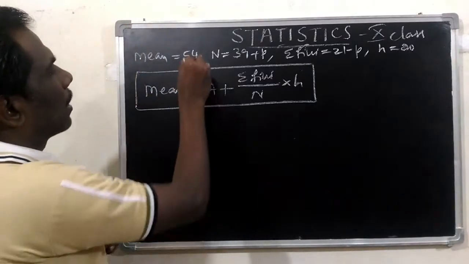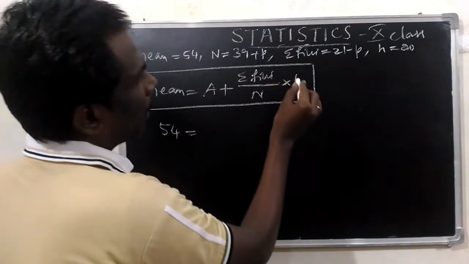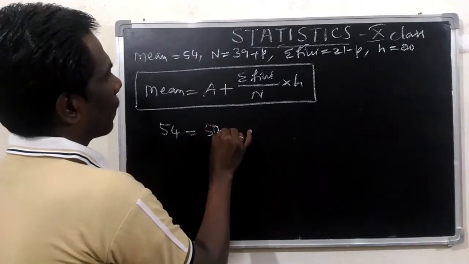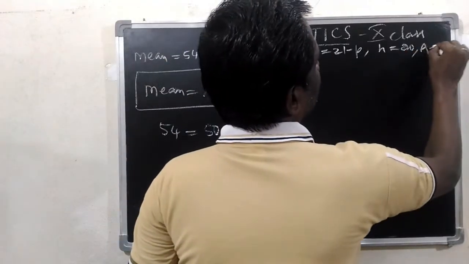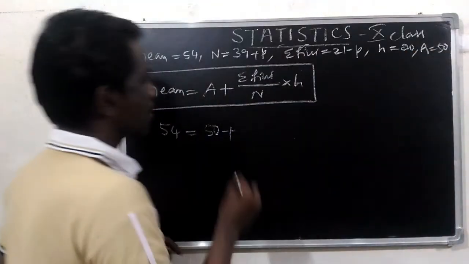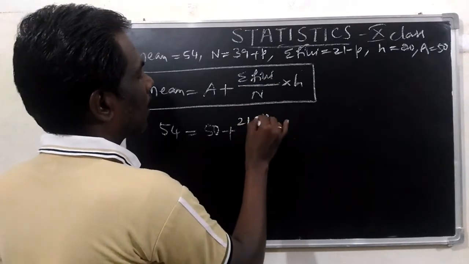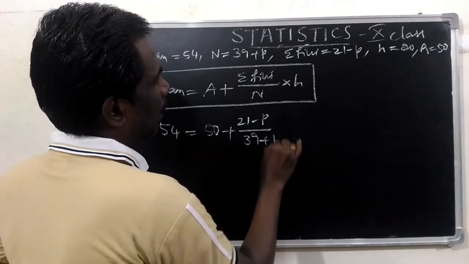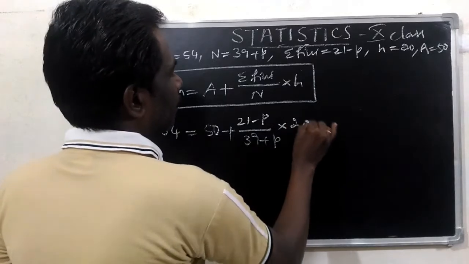So in place of mean I substitute 54 is equal to A, which is 50, plus (21 minus P) by (39 plus P), into 20.